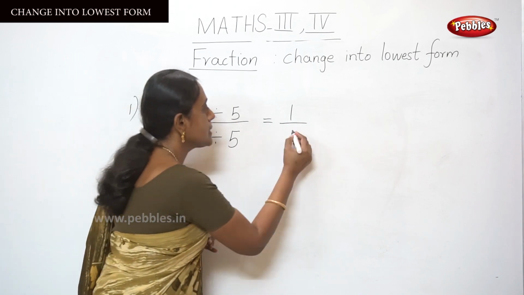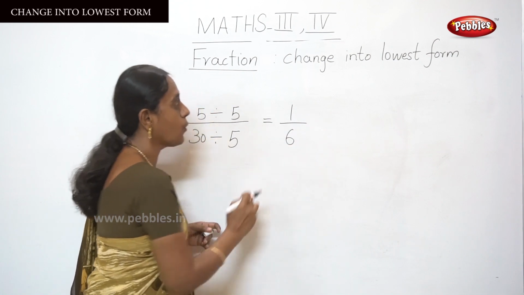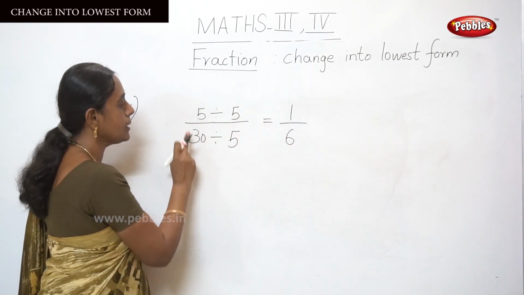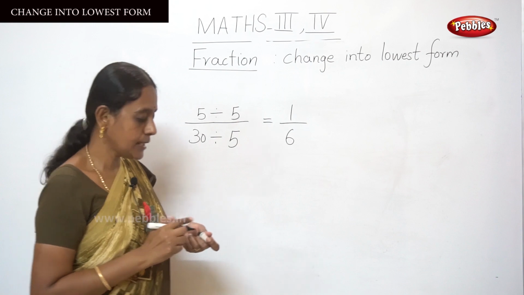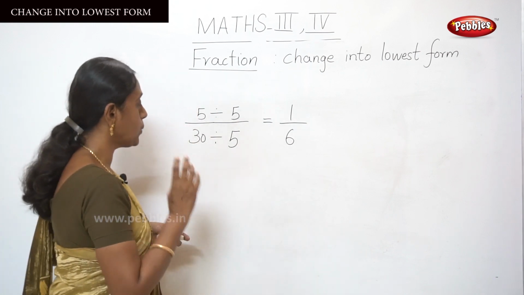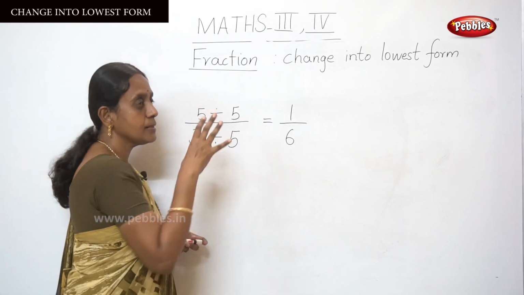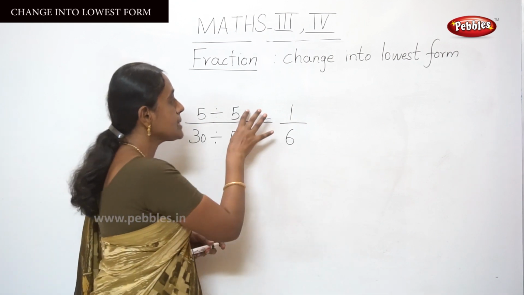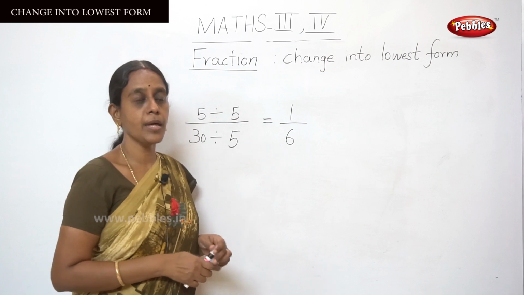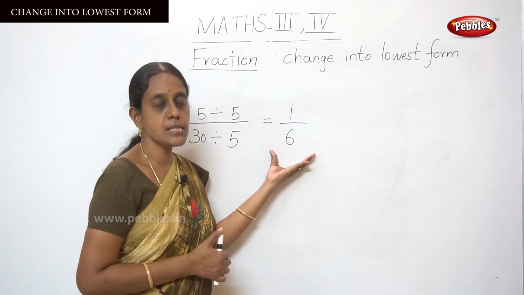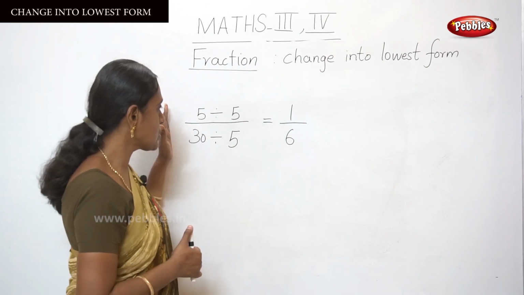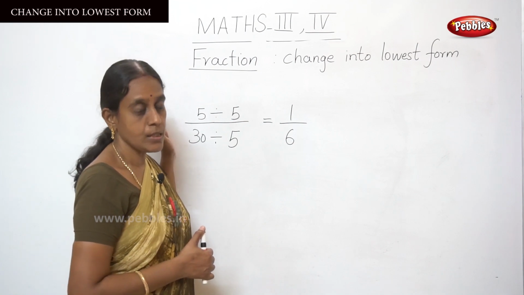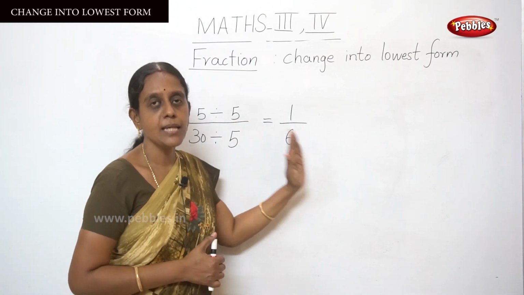So put the 6 here. This is the lowest form of the fraction 5 by 30. This is the rule: divide the numerator and denominator by the same number. So you get the simplest form of 5 by 30, and the answer is 1 by 6.